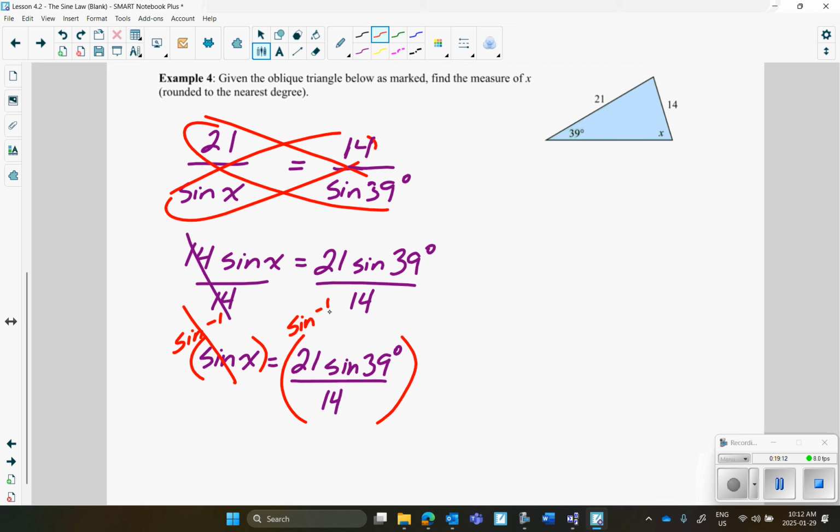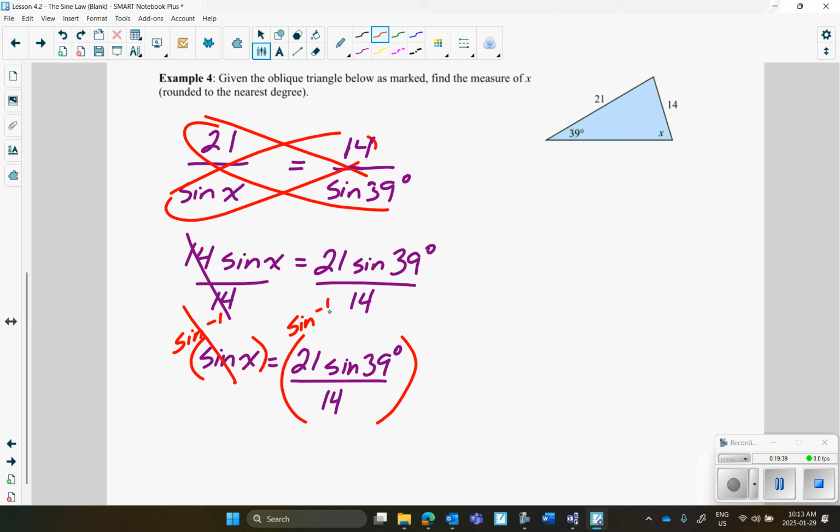I get 1.44, which means, what the heck? What am I doing wrong? What's 21 times the sine of 39? Can somebody do that on theirs? Why am I getting 13? Oh. I'm in radians.